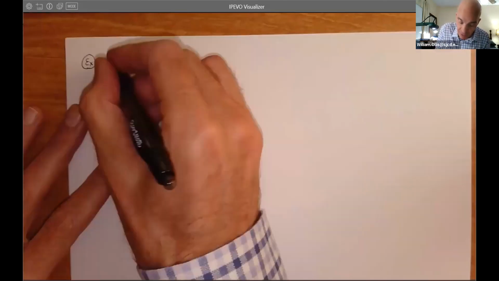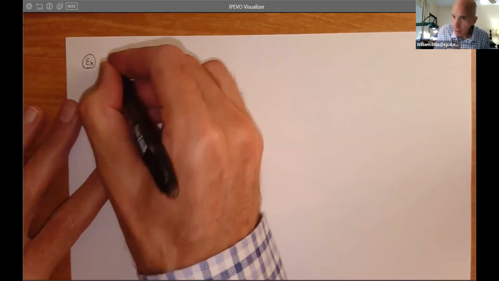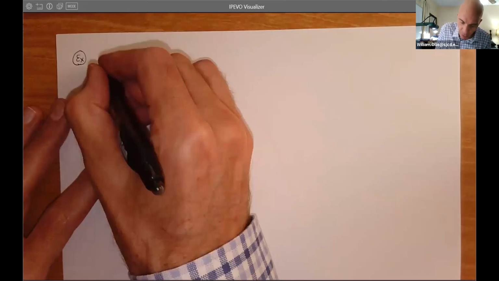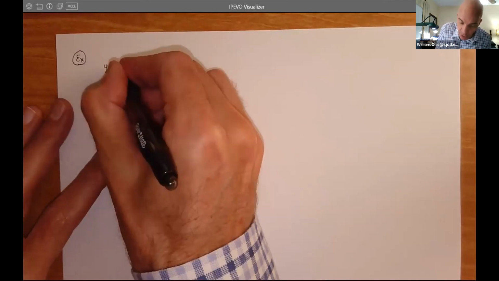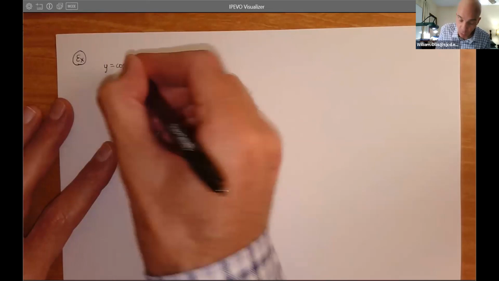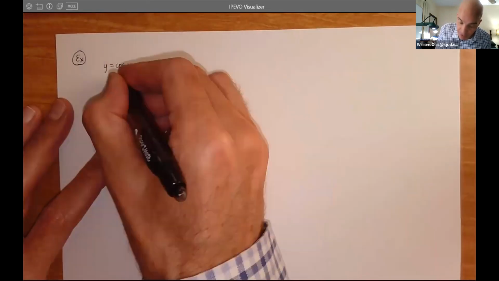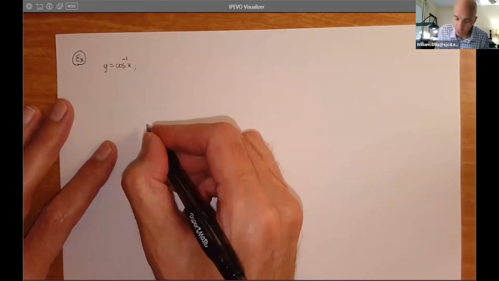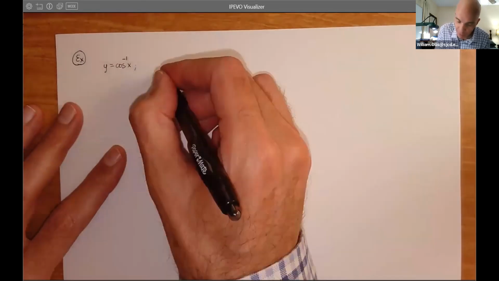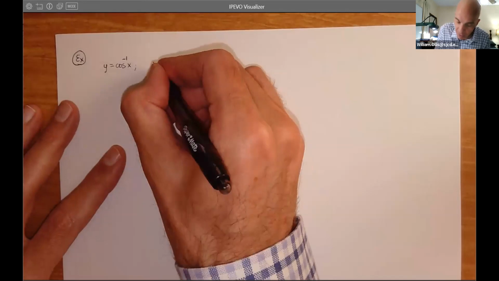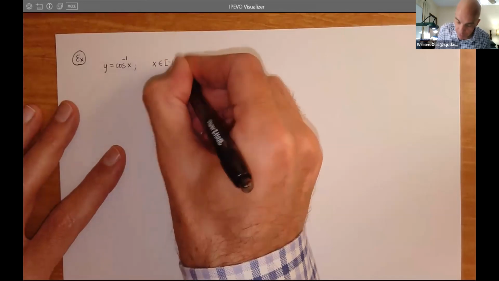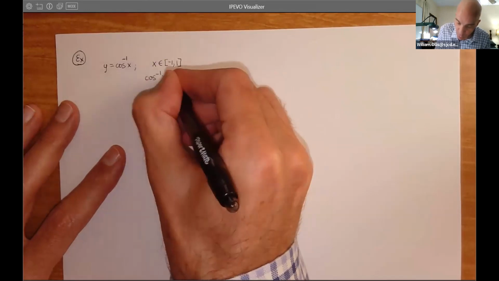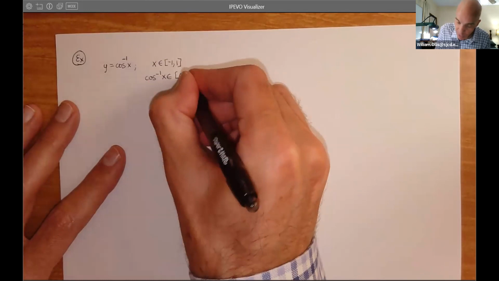Let's pick on inverse cosine. So remember, y equals inverse cosine of x. We'll just write down what it is. Make it the new one, so to speak. So x lives between -1 and 1, and the inverse cosine lives between 0 and pi. That's how we constructed it.